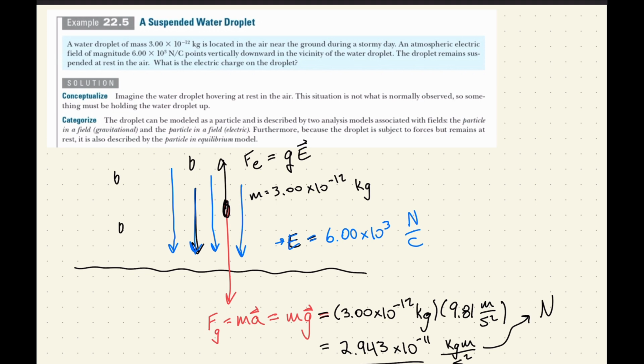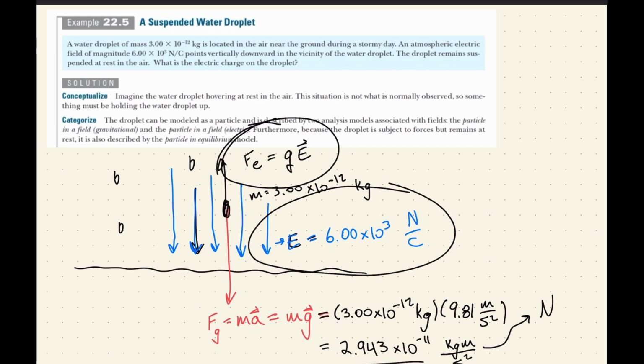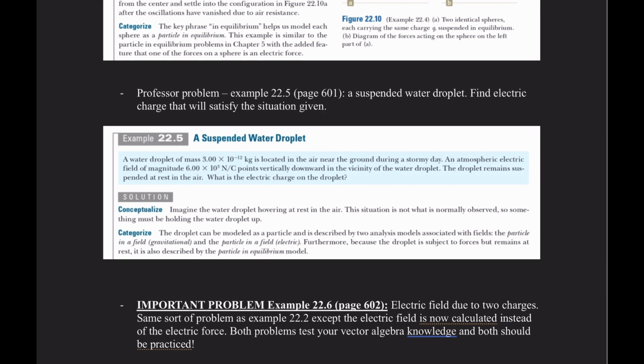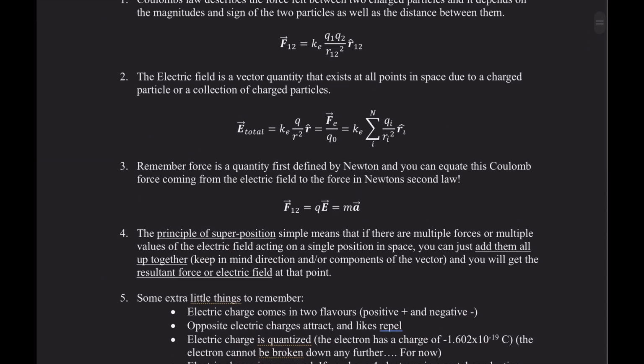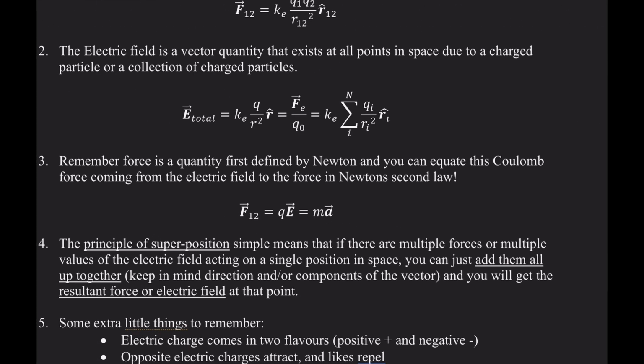We have the electric field and this equation here. So I just wrote this equation here. If you remember from my Word document in the last video, that is one of the equations that I gave y'all. This one over here, right? You see this one right here? So this is an equation you're going to see written a lot.